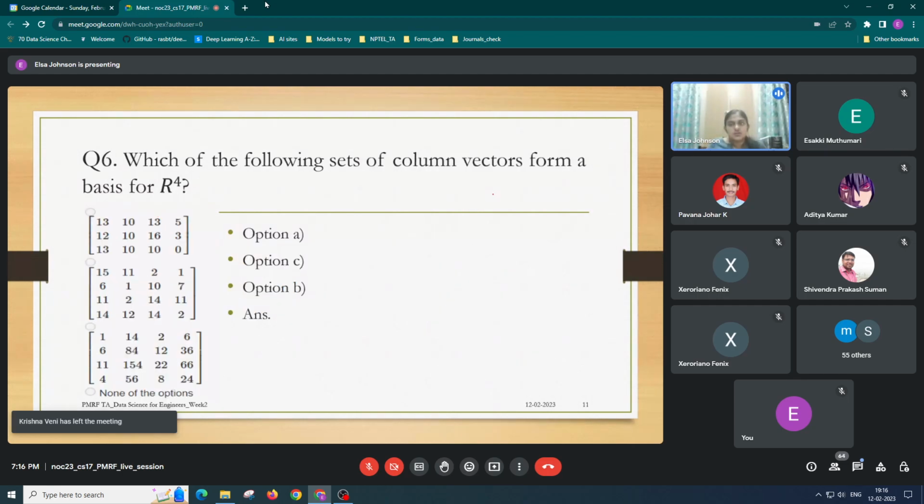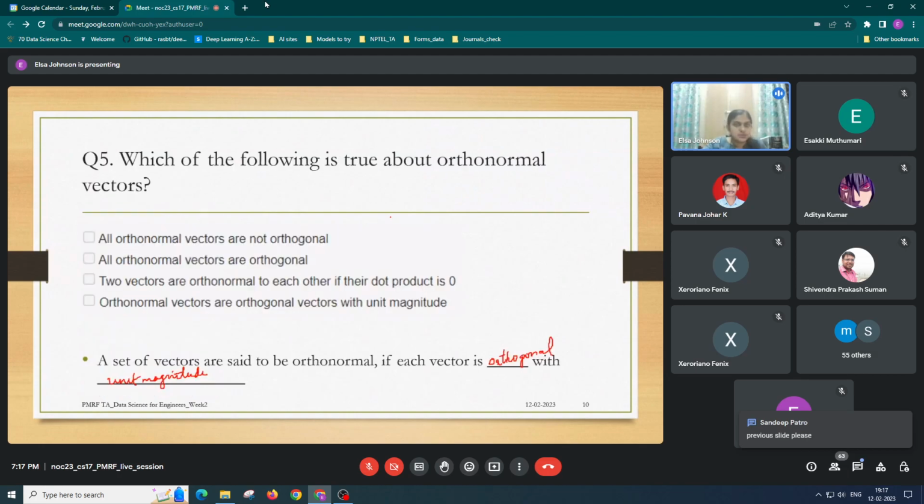Next, which of the following sets of column vectors form a basis for R raised to 4? Okay, this also I think you can find out easily. What is the problem with the first option? First option, what does it do? Previous slide. Okay, Sandeep, what's the problem in the previous slide? Okay, is it fine?